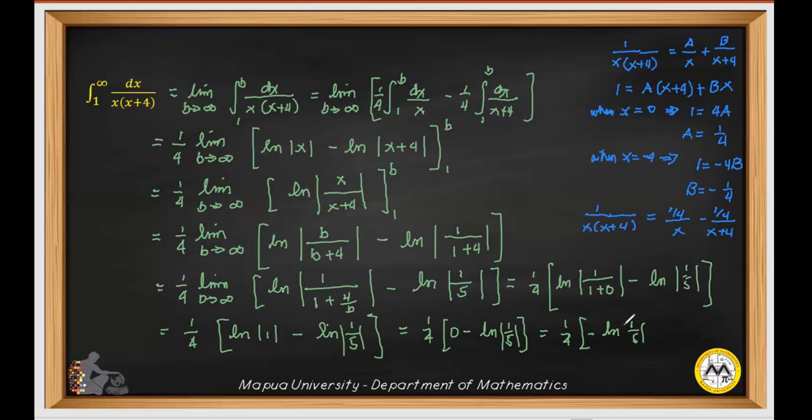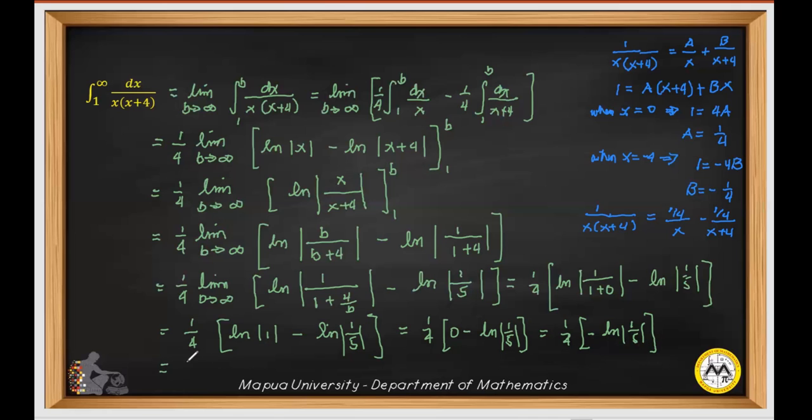But if we are going to apply the third law of logarithm, then we can express negative ln of 1 over 5 as ln of the reciprocal of 1 over 5, and the reciprocal of 1 over 5, of course, is 5. Therefore, this is also equal to the natural logarithm of 5.